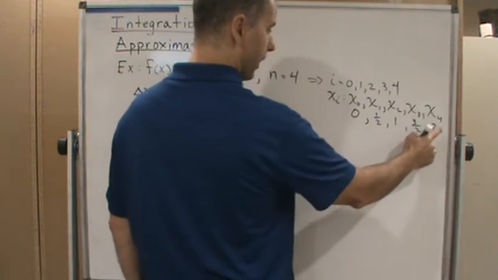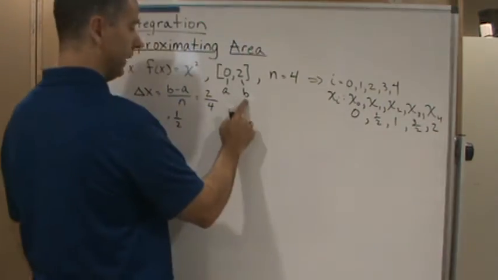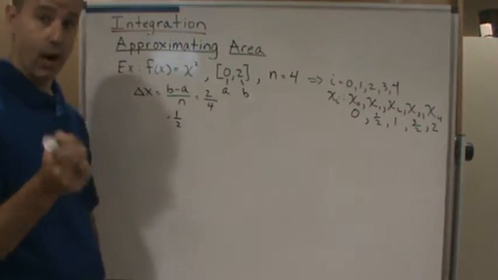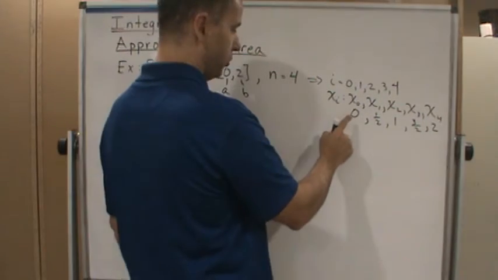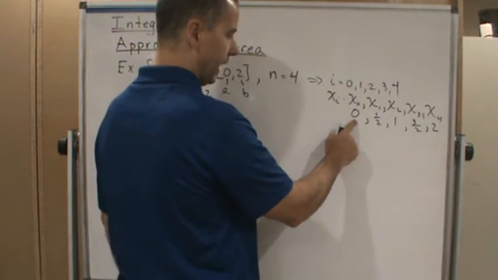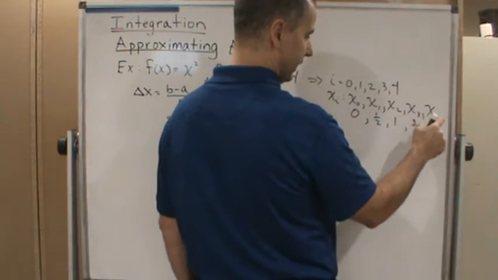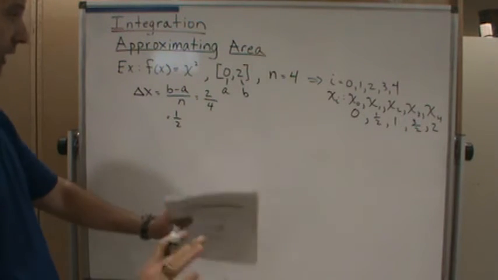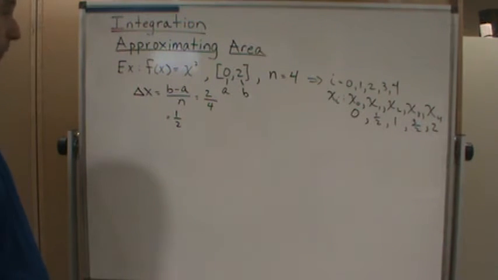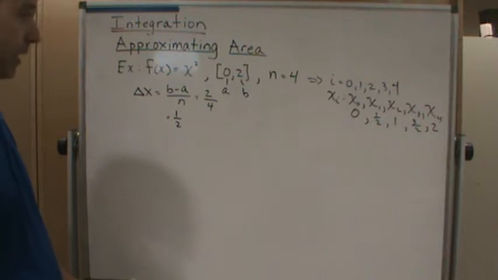And notice how I automatically end on B. So that tells me I did it right. If your delta x is correct, you should be able to start at A and keep adding delta x and end where you should, which is at B. So I'm confident that I'm good. Now I've got my subintervals.